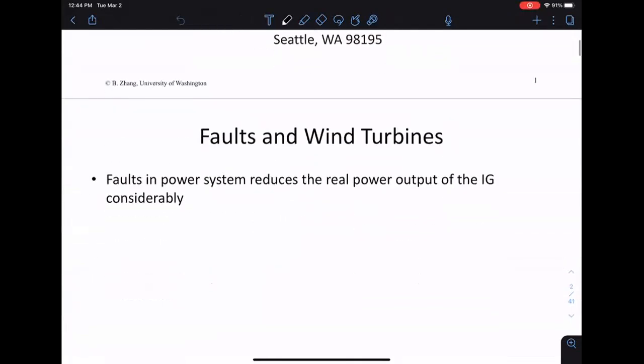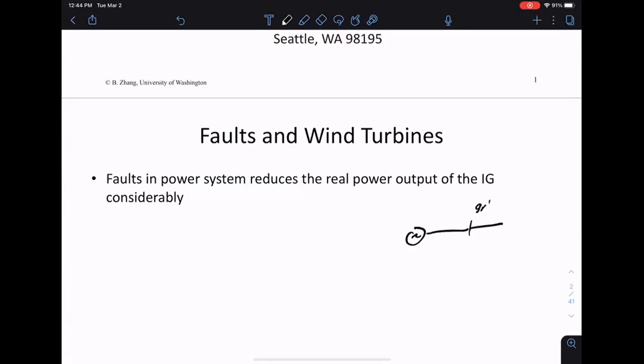If you remember before, a low voltage fault is: I have a generator, a wind turbine that's generating, so normally this goes out to the grid. And if there's a fault, then this looks like a ground, basically, as if you're grounding this turbine.